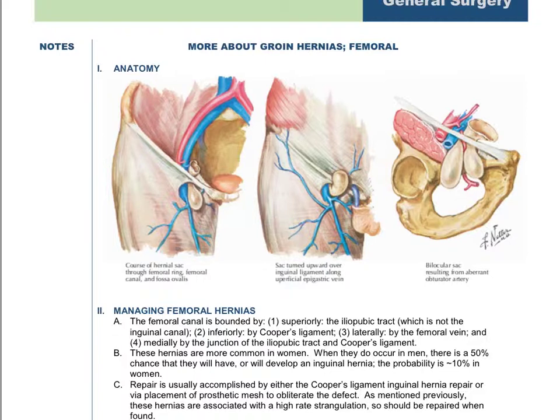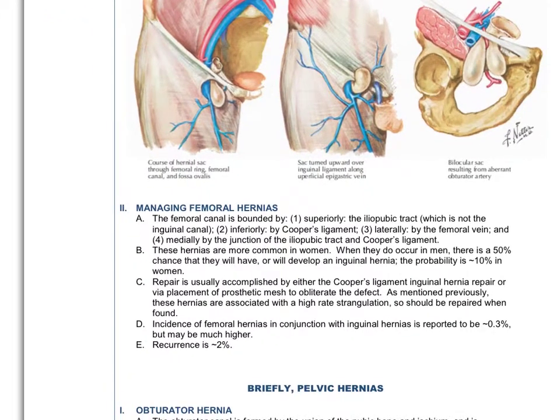These hernias, in particular, are more common in women. When they do occur in men, there's up to a 50% chance that they will, at that time, or will develop an inguinal hernia as well. In women, this probability is around 10% or so. You can repair this problem by a Cooper's ligament repair or via placement of prosthetic mesh.